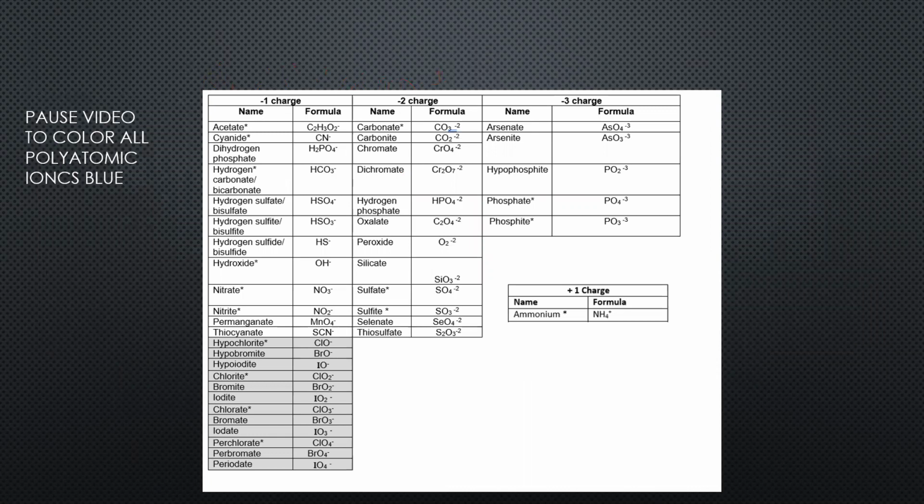Next, this is our polyatomic ion sheet. And as you can see, there are many atoms for most of these. So polyatomic meaning many here.